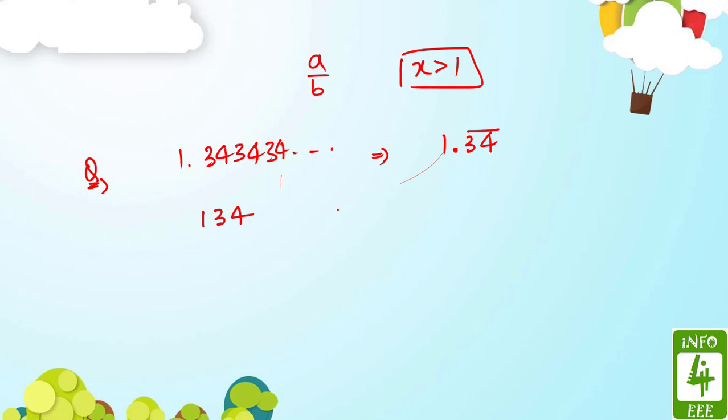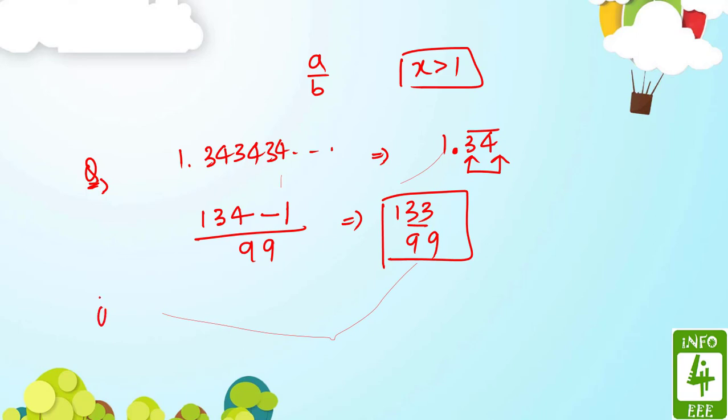And we do not have bar on 1, so you need to subtract that number. And in the denominator, we just need to take the number of digits which are after the decimal. So here we have only two digits, so we will have only two digits here. After the decimal we have both the numbers repeating, so we will have 99. So the answer will be 133 upon 99.